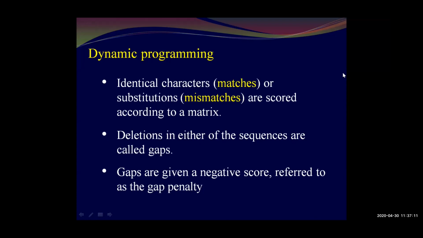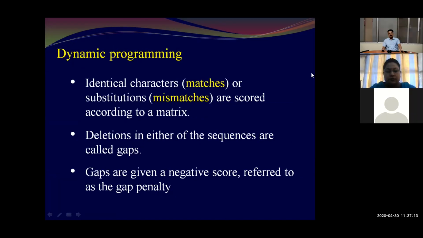So various dynamic programming tools are available which incorporate specific standard matrices for sequence alignment. For sequence alignment we have to rearrange the sequences one upon the other several times by putting certain gaps here and there.